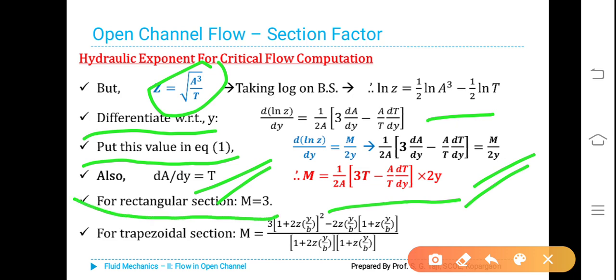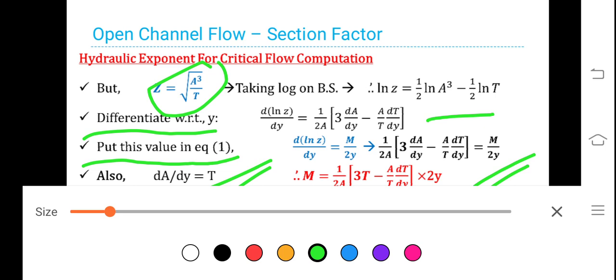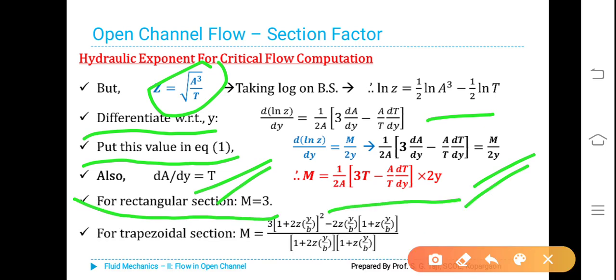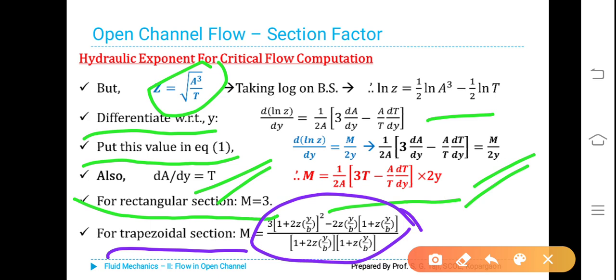For rectangular section, M is equal to 3, whereas for trapezoidal section, M, that is the hydraulic exponent for critical flow computation, will become equal to 3 times 1 plus 2zy by b, whole squared, minus 2zy by b, whole multiplied by 1 plus zy by b, divided by 1 plus 2zy by b, whole multiplied by 1 plus zy by b.